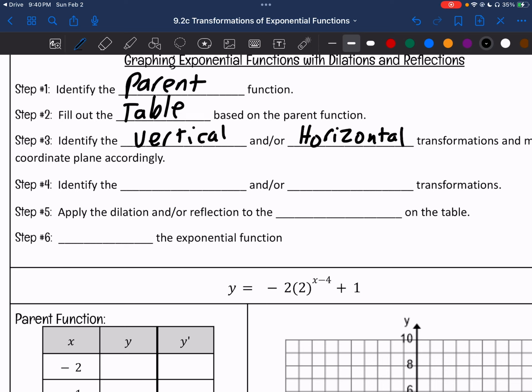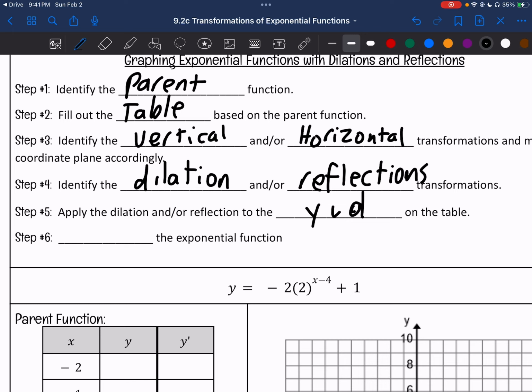We're going to identify the dilations and/or reflections. We're going to apply the dilation and/or reflection to the y values on the table, and then graph it.